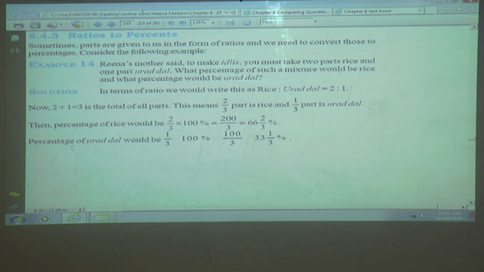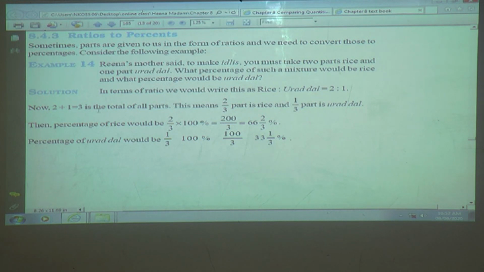Now the percentage of urad dal would be 1 upon 3 multiplied by 100%, which is 100 upon 3. Here also we have an improper fraction, so we have to convert it into a mixed fraction. After the division we get 33 whole 1 upon 3%. When you add both, it is 100%.